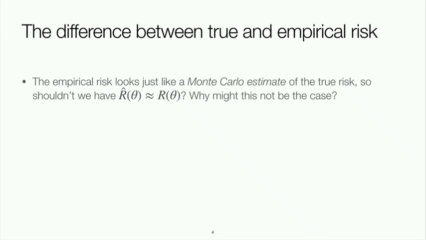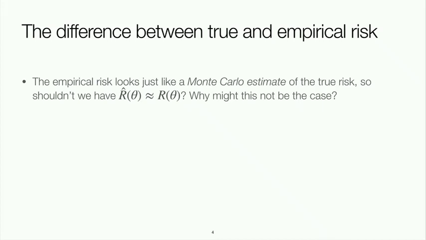If I wanted to estimate the true risk under the data distribution that my training data was drawn from, one way I could do that is sample a lot of training data, and then estimate the average loss of my model. That would basically be an estimate of my true risk, which is my empirical risk.